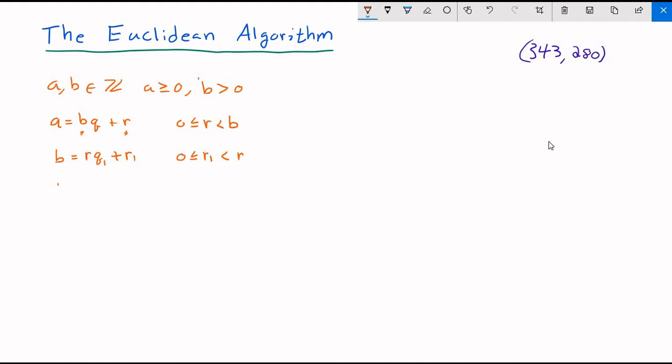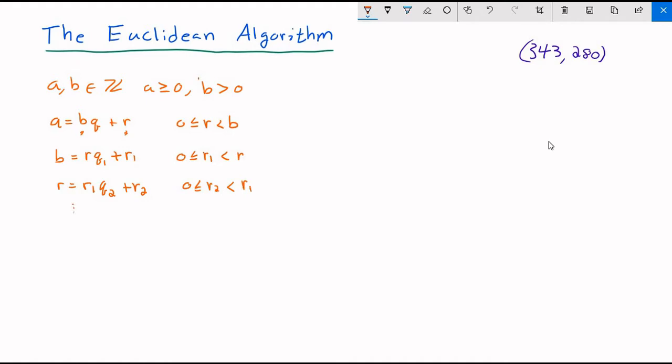And I can do this again with r and r1, so then I get that r is equal to r1 multiplied by q sub 2 plus some new remainder r sub 2, and I know that r sub 2 is at least 0 and strictly less than r sub 1.